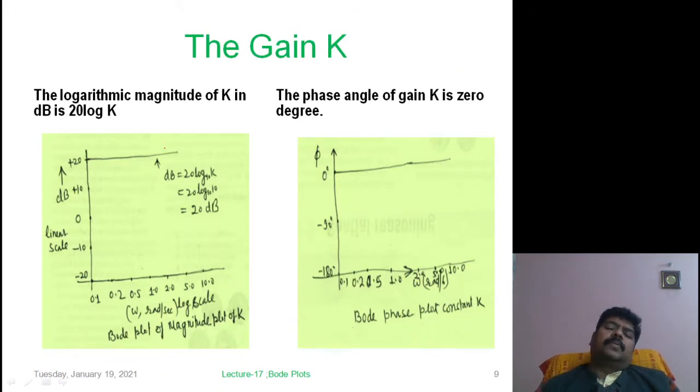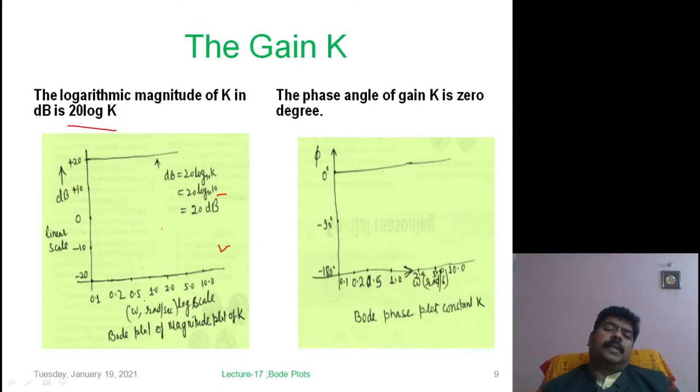What happens? So logarithmic magnitude for the constant gain K means you have to take 20 log K. Since K is independent of the frequency, whatever the value of K, the plot or curve will be available for us to draw. In this graph, we have taken K equal to 10, so 20 log 10 equals 20 dB.